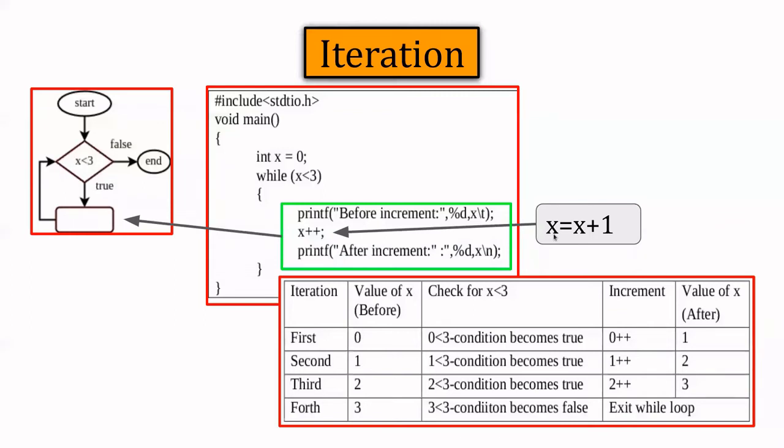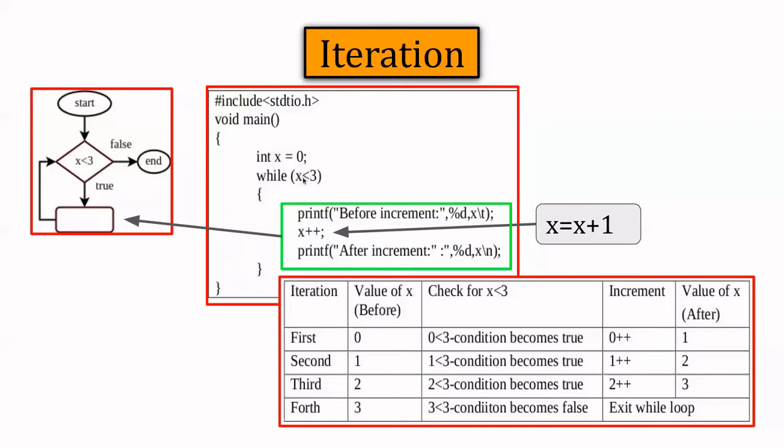The variable is updated to 1. The current value of x is 0, 0 plus 1 is assigned to x, so that becomes 1. Then print after the increment. Here it will print 0. Then x plus 1 is 1. Then print 1.